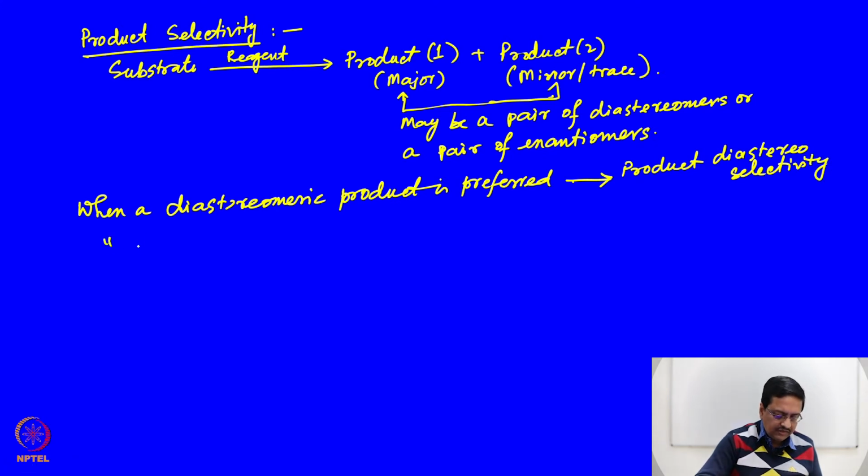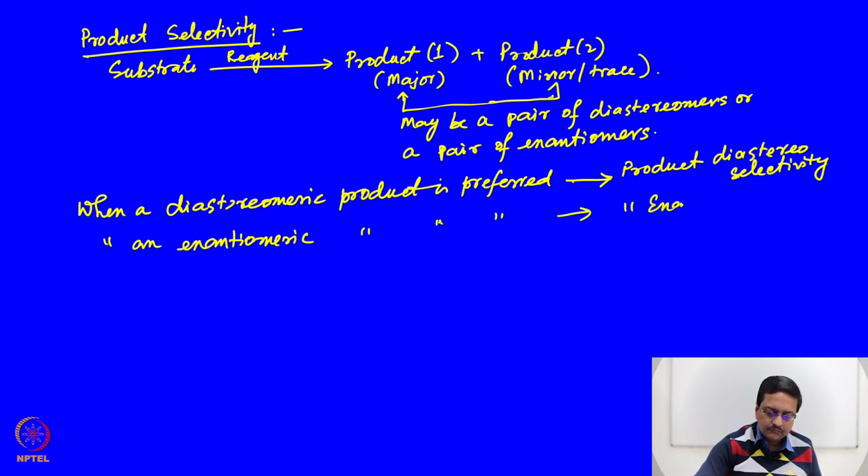And when an enantiomeric product is preferred, then we call it product enantioselectivity.